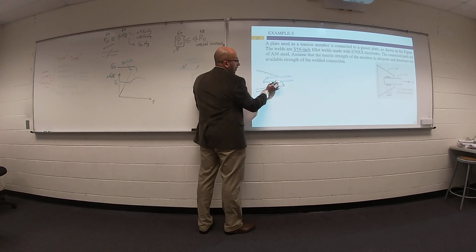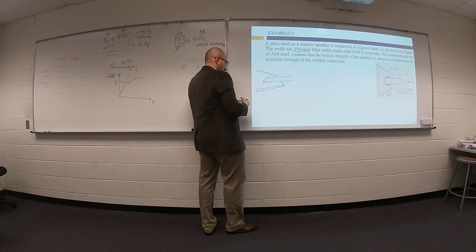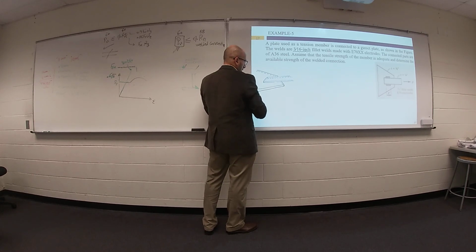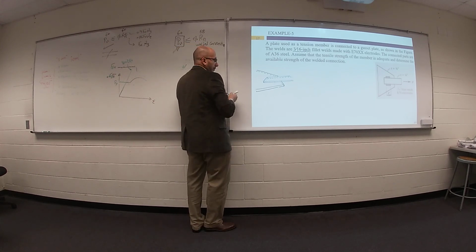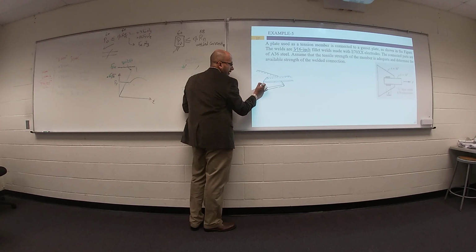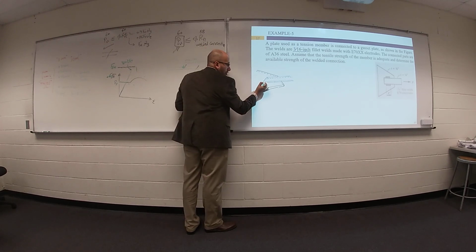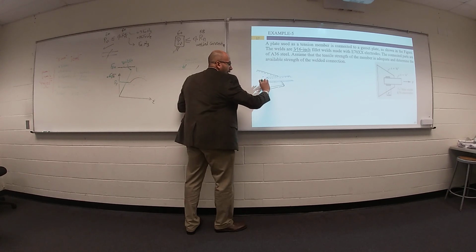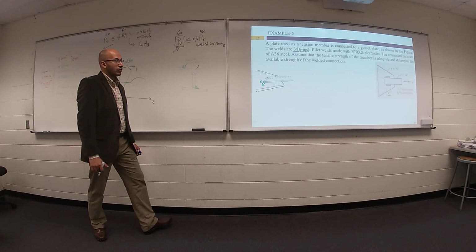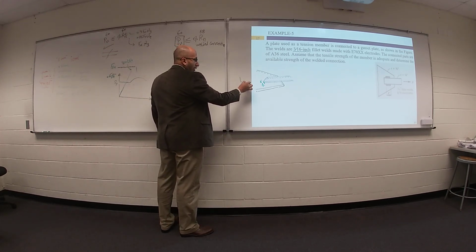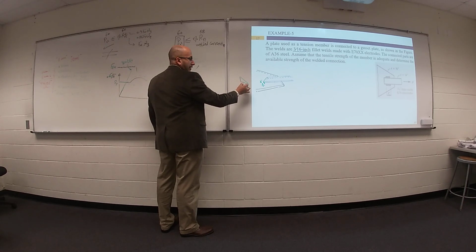One more time. At this location, 3/16 inch your height, 3/16 inch. Then you will make a triangle, and this triangle will extend in between. So your size of weld will be something like this: 3/16 inch, 3/16 inch.